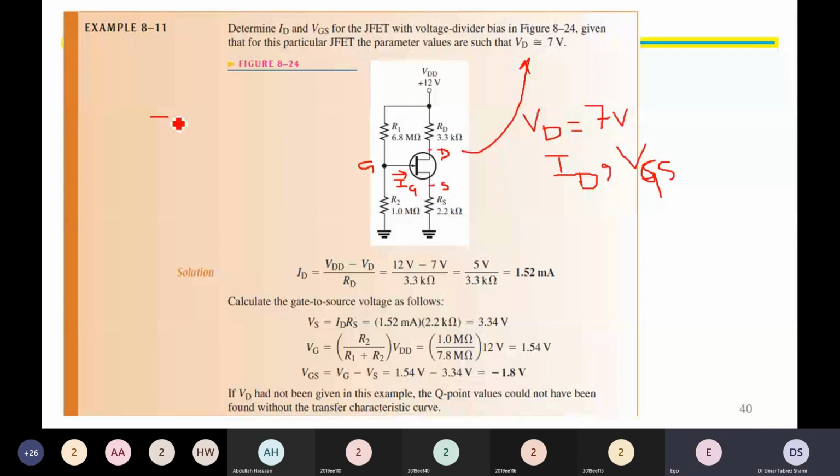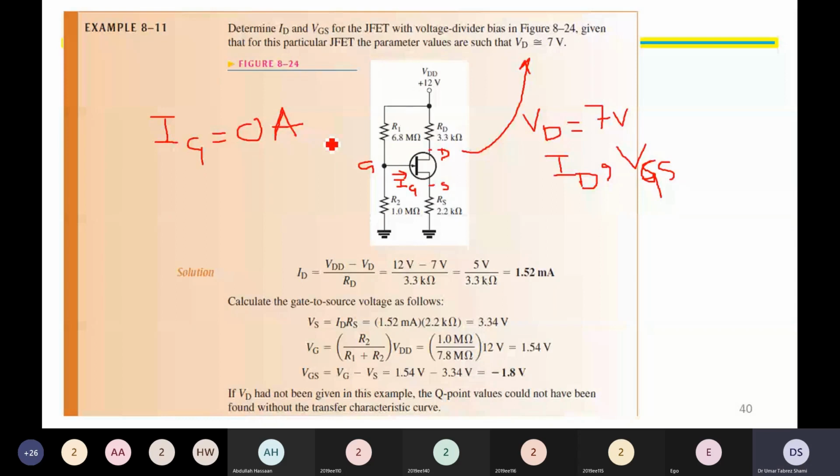The gate current is 0. One thing that we must be very sure at the start is that since we are dealing with the JFET, the current flowing into the gate is very, very minute, and we will approximate it equal to 0 amperes. So no current flows into the gate.